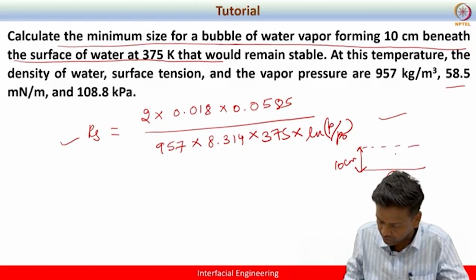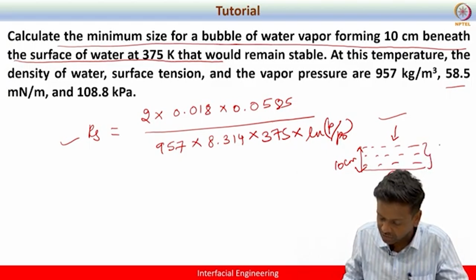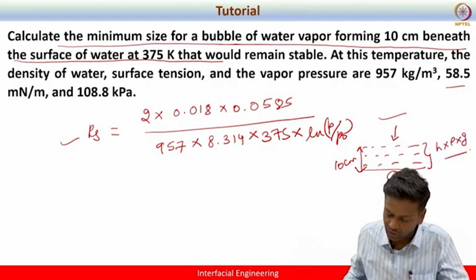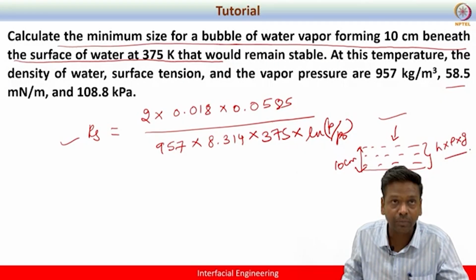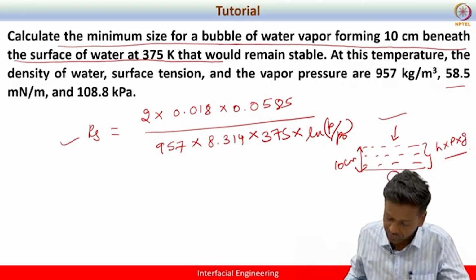So this will be water. The bubble has to overcome both the atmospheric pressure that is acting on the water, and also the hydrostatic pressure, which is nothing but H into rho into G. So you have the atmospheric pressure and the hydrostatic pressure, okay.